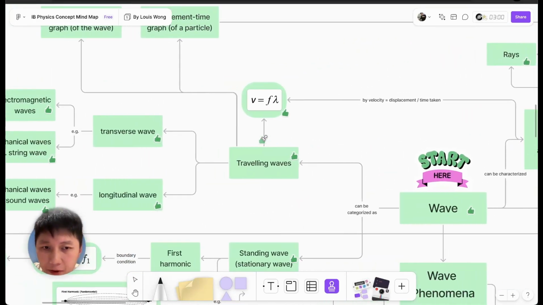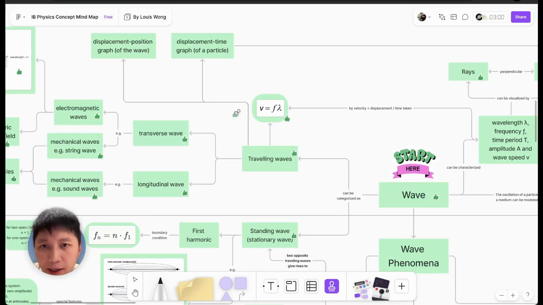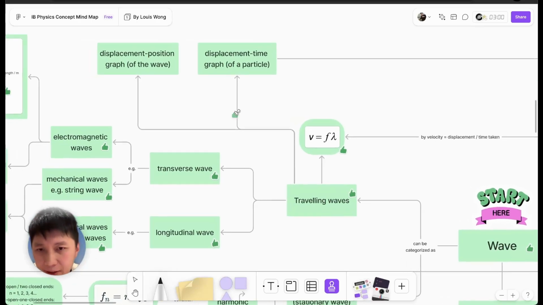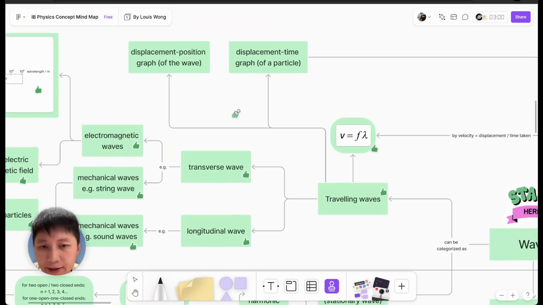Before I move on to SHM, I would like to address that you are expected to understand how to read the graphs of both transverse wave and longitudinal wave. They are both traveling waves, of course. For the displacement position graph, it simply looks like how the waveform looks.